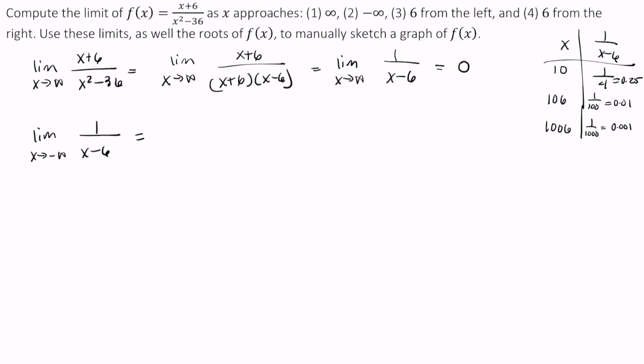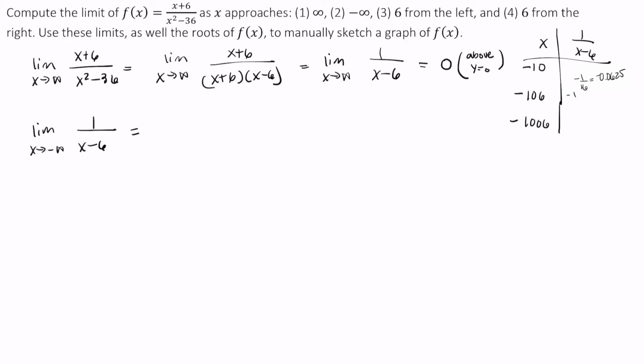Since we've already confirmed that before we were coming in from above y equals 0, rather than looking at positive 10, positive 106, and positive 1006, I'm going to look at these as negative values, since I know x is getting more and more negative. So this first value is going to give us negative 1 over 16, which is negative 0.0625.